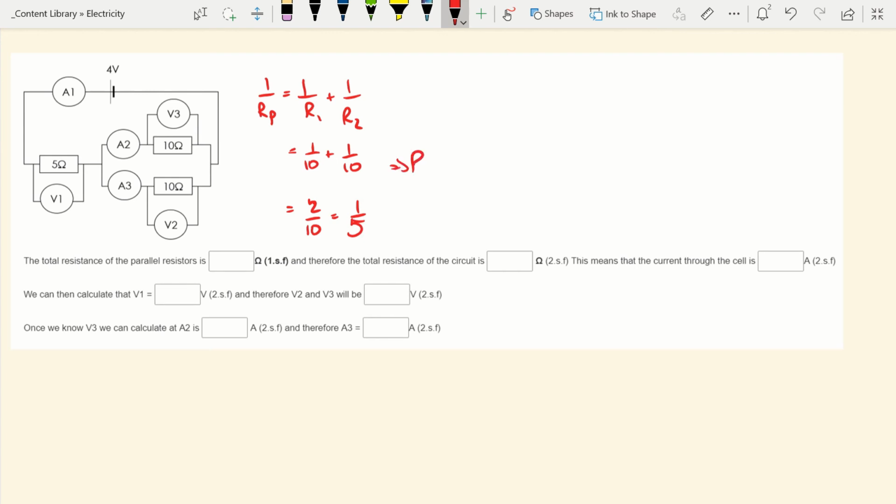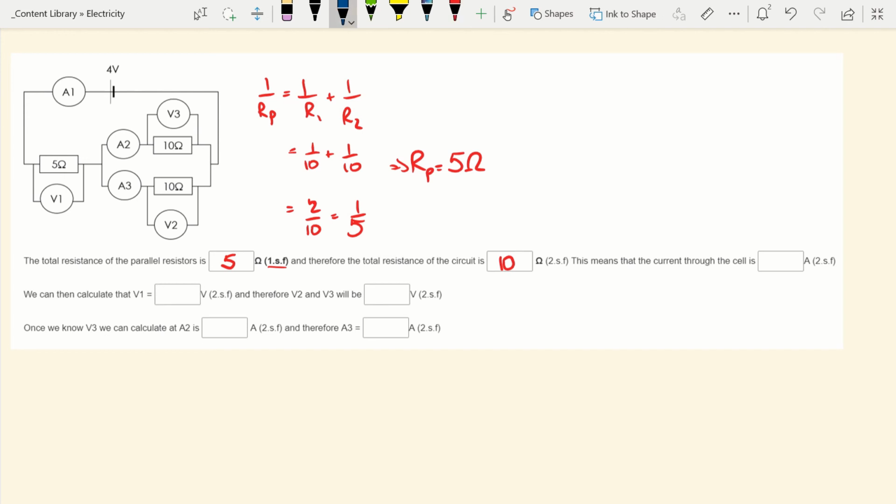That means that the resistance of the parallel sections is 5 ohms, and it wanted it to 1 significant figure, so I can just write a 5, not 5.0 in there. Therefore, the total resistance of the circuit is going to be 10, because if the resistance of this whole section here is 5, and we add that onto this section over here, which it's in series with, we'd get 10, and that's 2 significant figures, so that's absolutely fine.